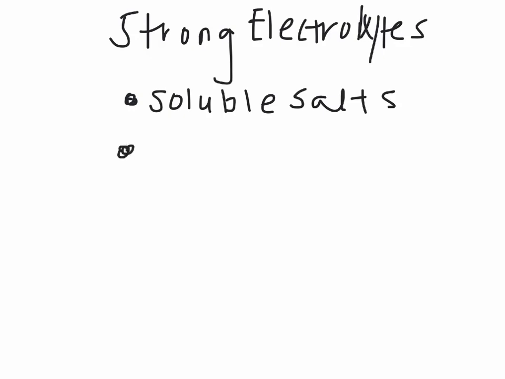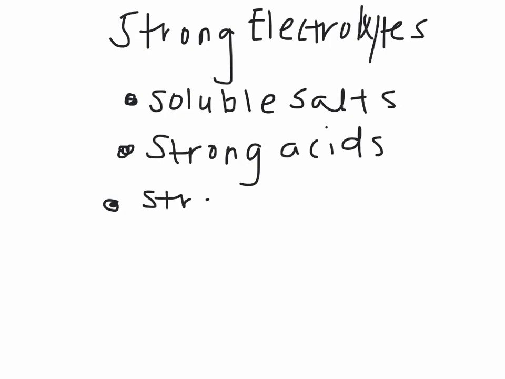Do you guys remember strong acids? Any strong acid completely dissociates. Because they're completely dissociated, they're going to be our stronger electrolytes. Strong acids separate, and so do strong bases. Once again, they completely dissociate, so as long as you can identify the three, that will help you a lot in this upcoming chapter.